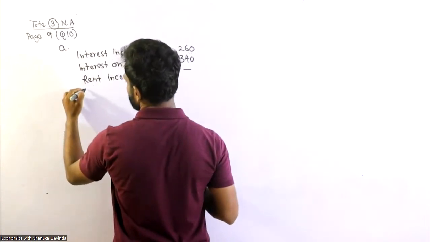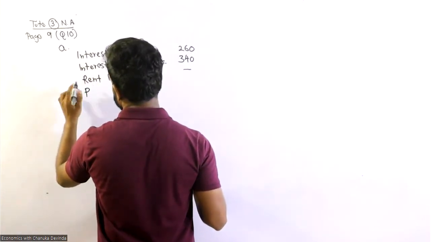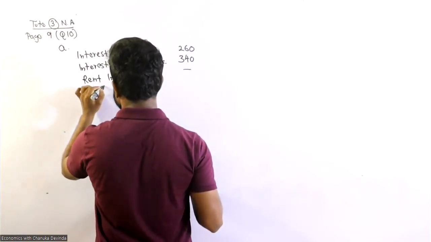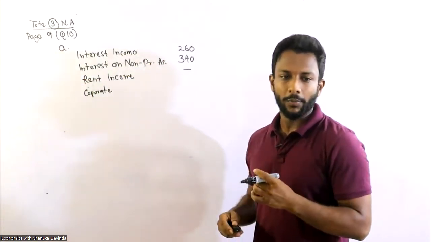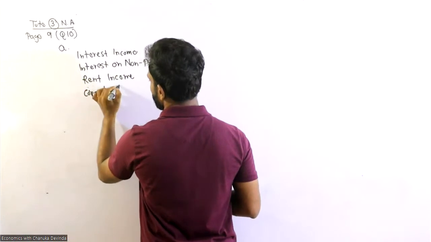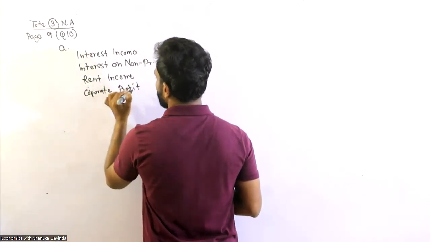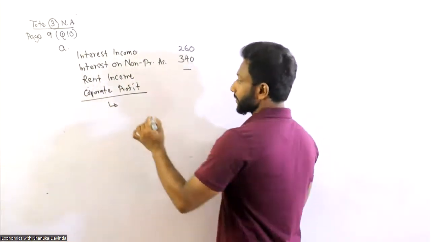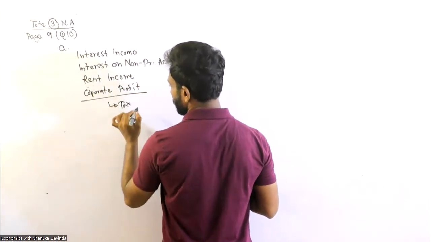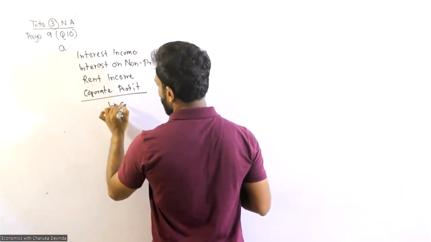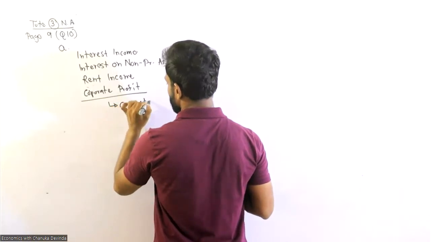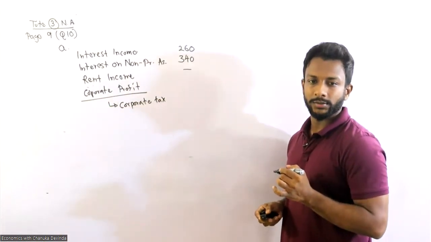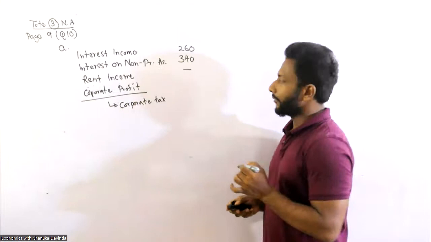And the next one is corporate profit, which is also there. But we know there are 3 items in corporate profit. What are those? Corporate tax. Is it there? Yes. How much is it? 100.